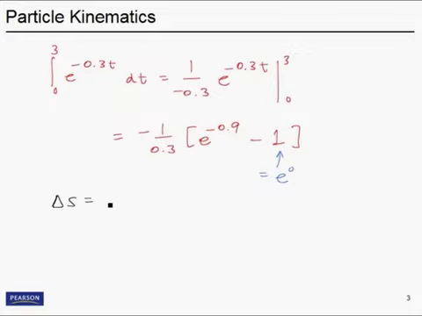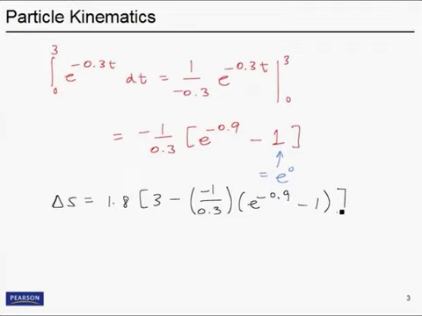Okay, so if we do all that and we substitute it back into the original equation for delta s, we get delta s is equal to 1.8 times the bracket, 3 minus 1 over 0.3 times (e to the minus 0.9 minus 1), there's the square bracket. And if we start doing the calculation, we can figure out that this term right here is about equal to 1.98.